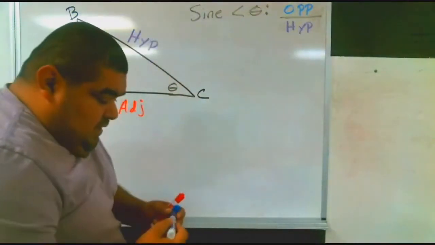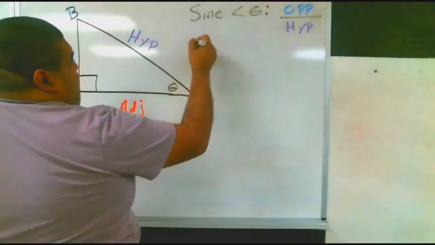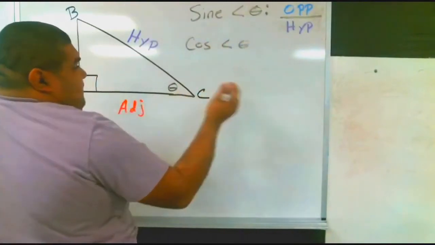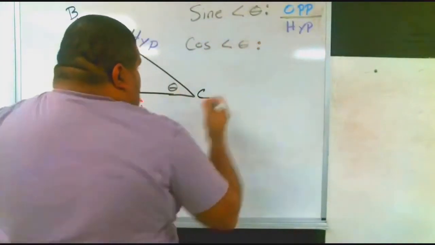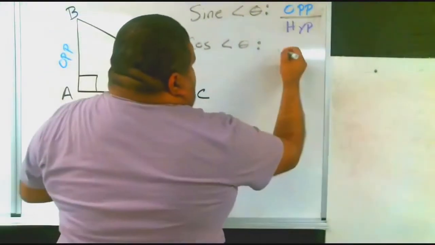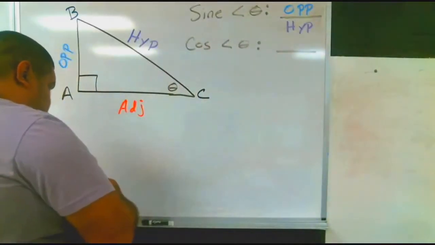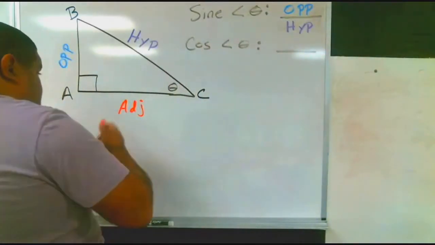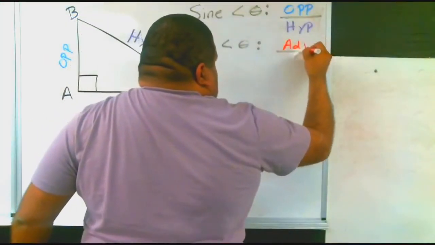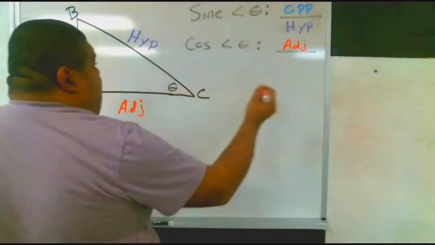If we wanted to solve for cosine of angle theta, which in this case is C, we use adjacent over hypotenuse.